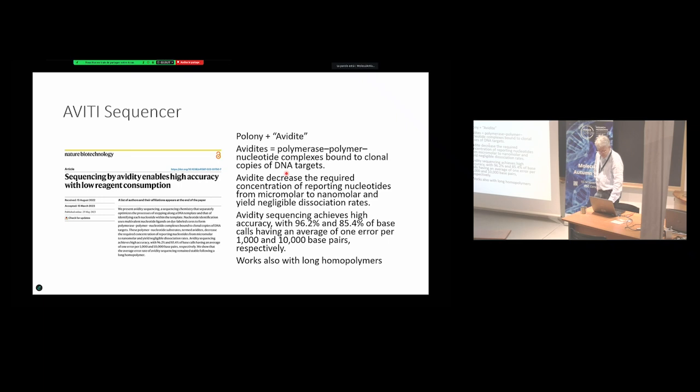This was published in Nature Biotechnology. The idea is to combine what I already discussed, the polony, so the rolling circle amplification, with a new thing that is called the avidite, which corresponds to a complex between polymer and nucleotide.